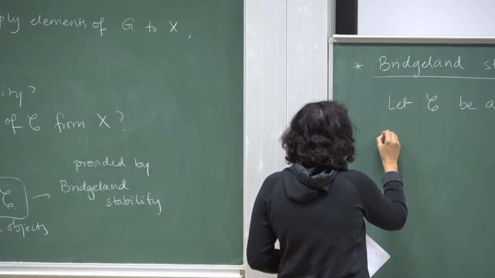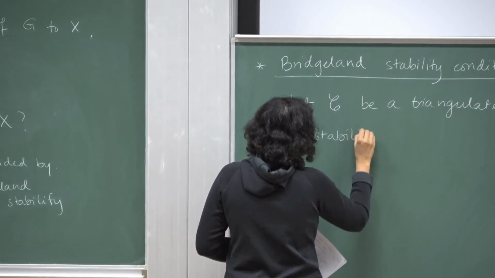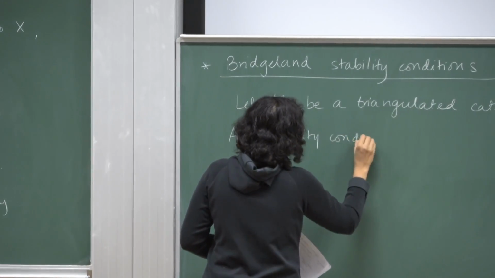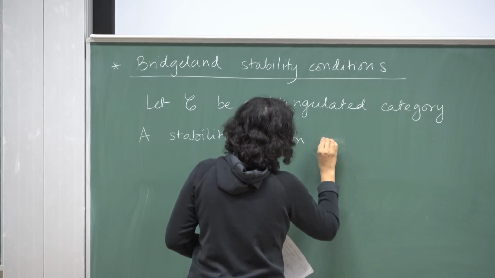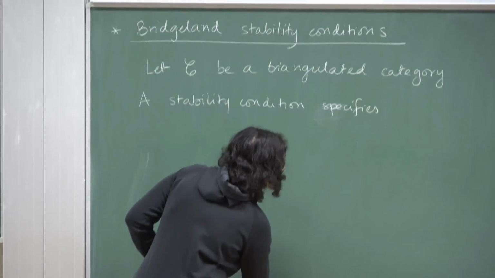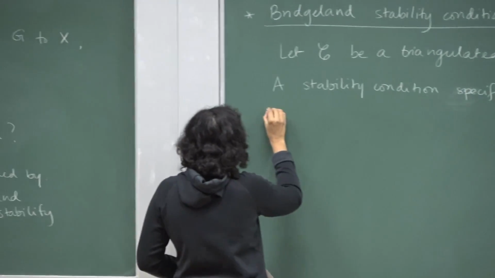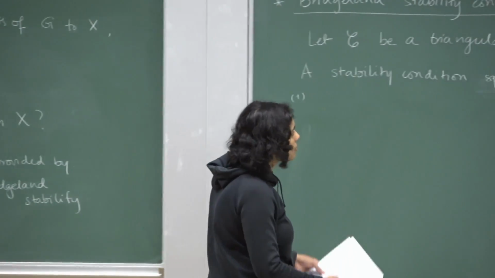And what does it give you? So a stability condition in this sense specifies, let's say, the following. And this is the point of view that I want to keep in mind. I don't want to go into the full definition because we don't actually need it.